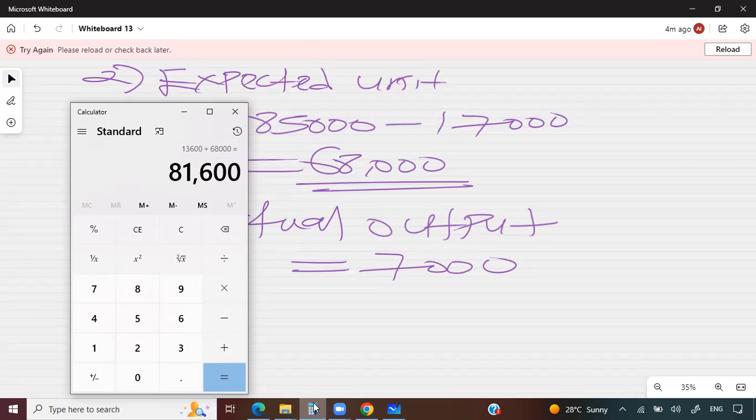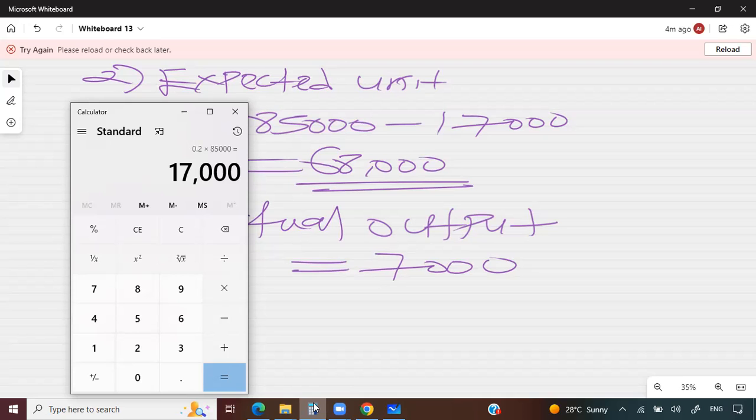No. If I say 0.2, which is 20%, multiplied by 85, I have 17. Yes, I have 17 as the loss.